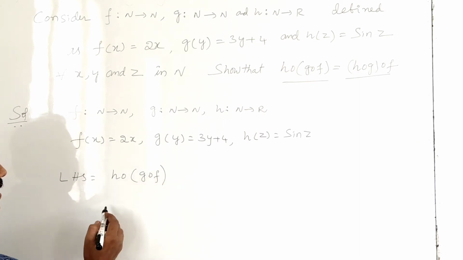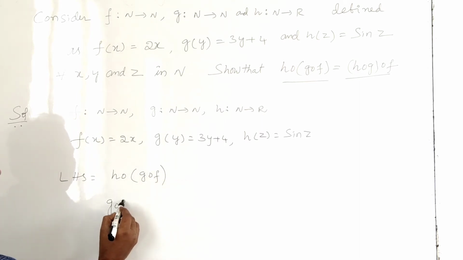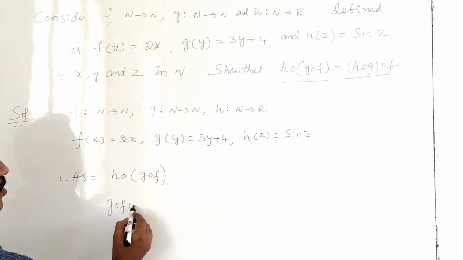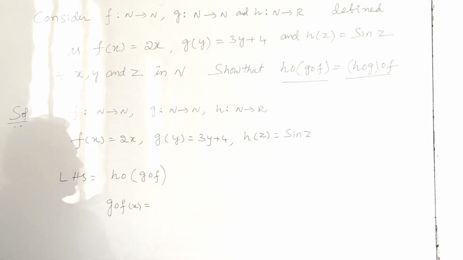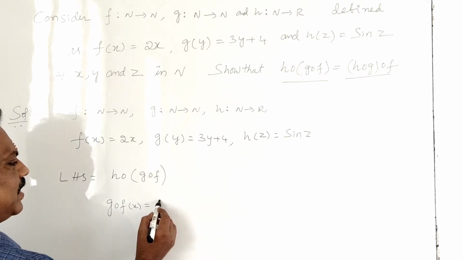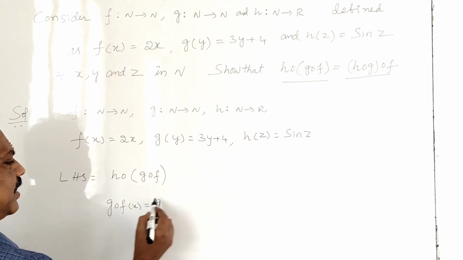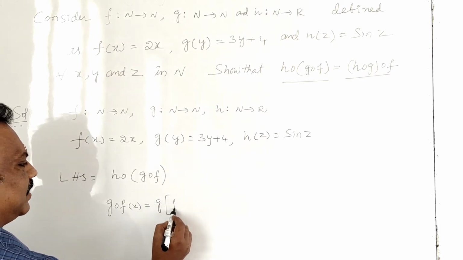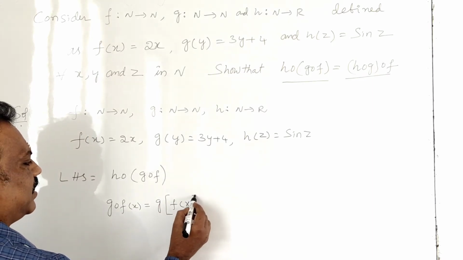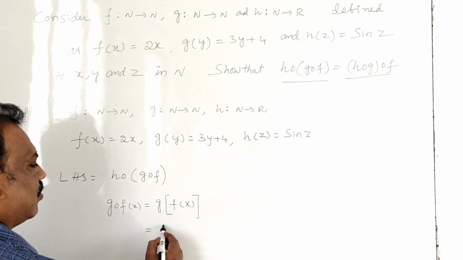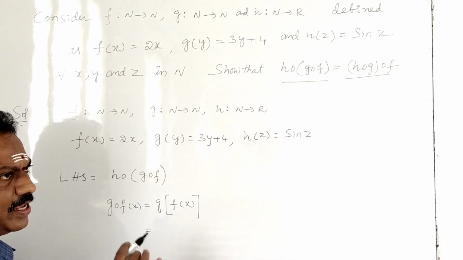What is in the bracket? g circle f. So I told you, whenever g circle f is given, we have to take one point in its domain, x meaning input. So your formula is g circle, in place of it you get bracket f of x. Correct students?